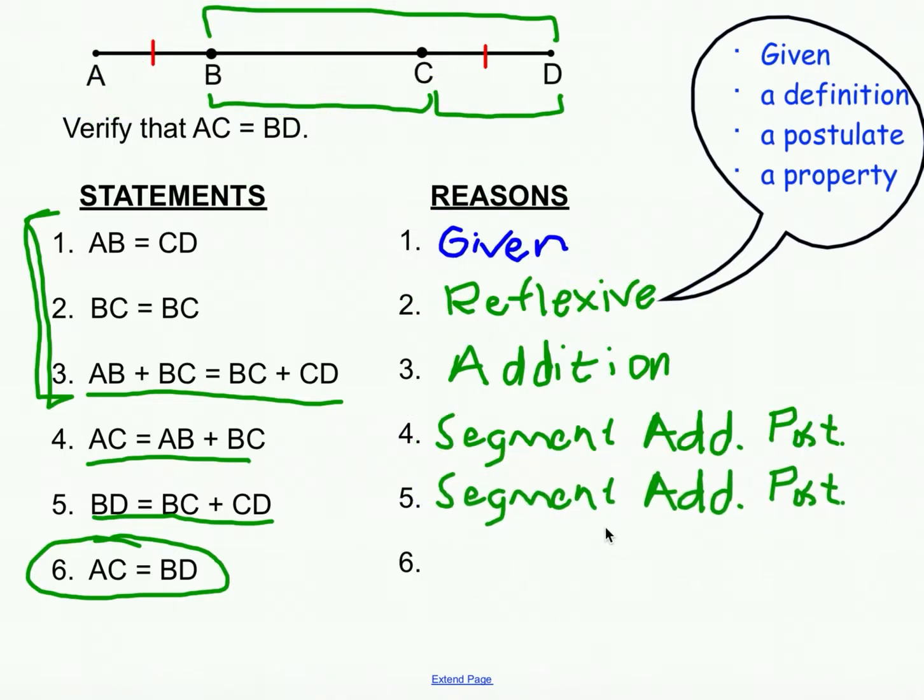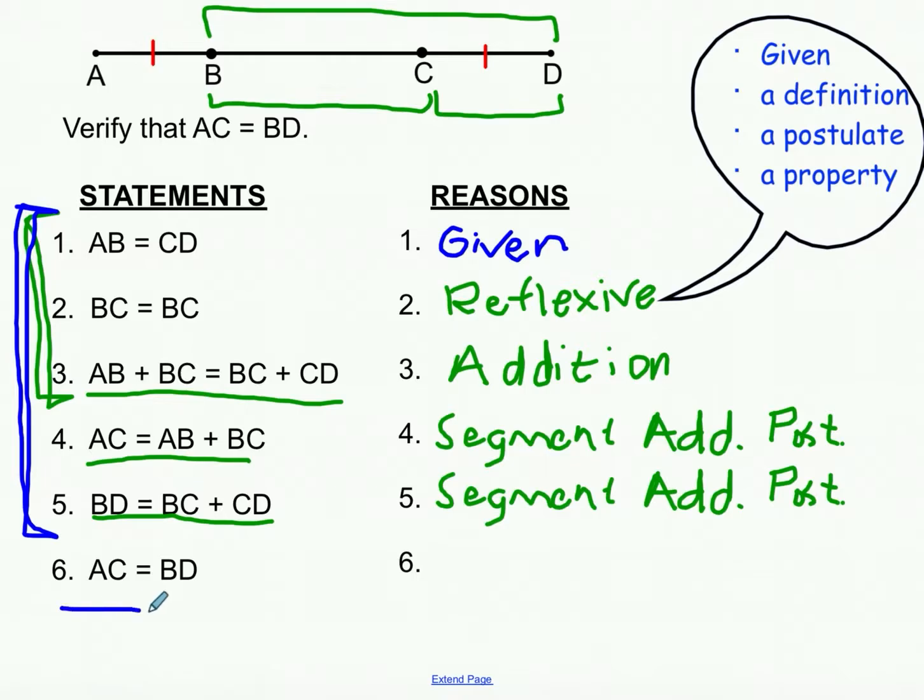Okay, and now you can see that we're at our last statement. Our last statement now says AC equals BD. So it's almost like a mystery. And these are all of your clues right here. And what we have to figure out is how we used all of these clues to get this statement. So remember, we used these two statements to get to this statement right here, right?